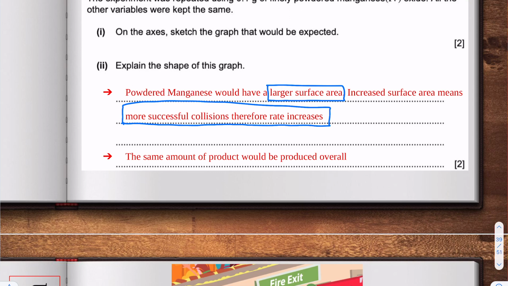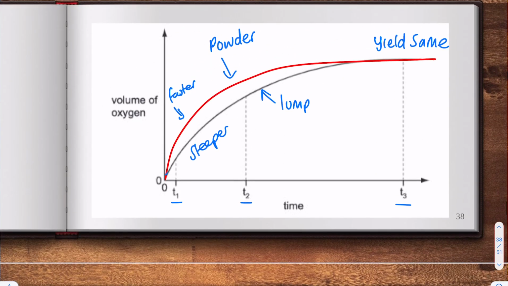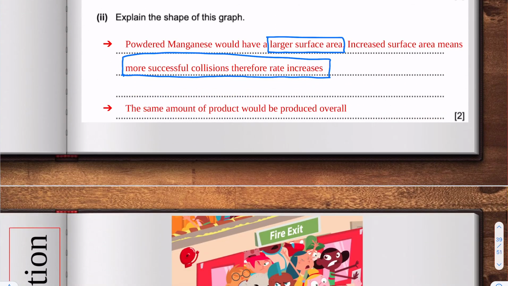But then the second mark is for showing that you know that the amount of product produced overall is the same. So same amount of product produced overall. Here you're getting 1 mark for showing the faster rate and 1 mark for showing the yield is the same. Here, all you're doing is just putting that into words.